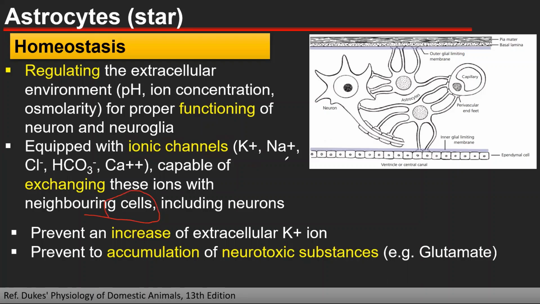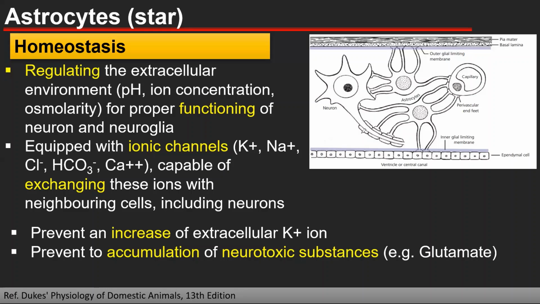So for example, if the neuron is excited, meaning the frequency of action potentials increases, then when the neuron is excited repeatedly, potassium will be released. The extracellular potassium may increase because of the repeated excitation of the neuron. So the neuron cannot function properly if the potassium ion increases significantly in the extracellular fluid.